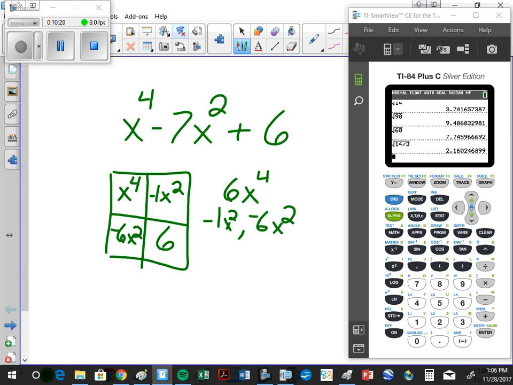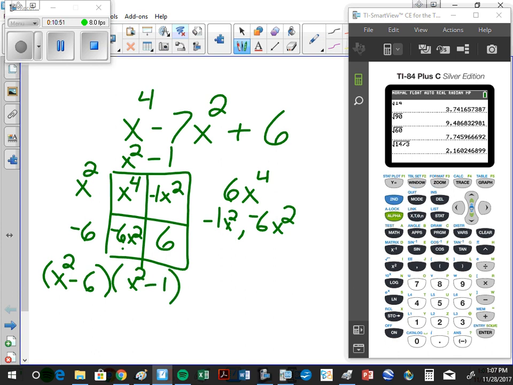What does the top row share? X squared. And if I pull out an x squared, what's left? X squared. And if I pull out an x squared from here, I get minus 1. And if I pull an x squared out of there, I get negative 6. So I end up with x squared minus 6 and x squared minus 1.